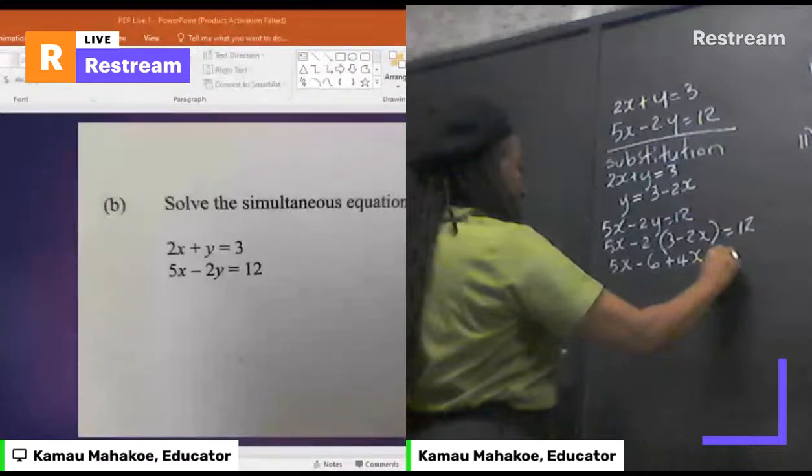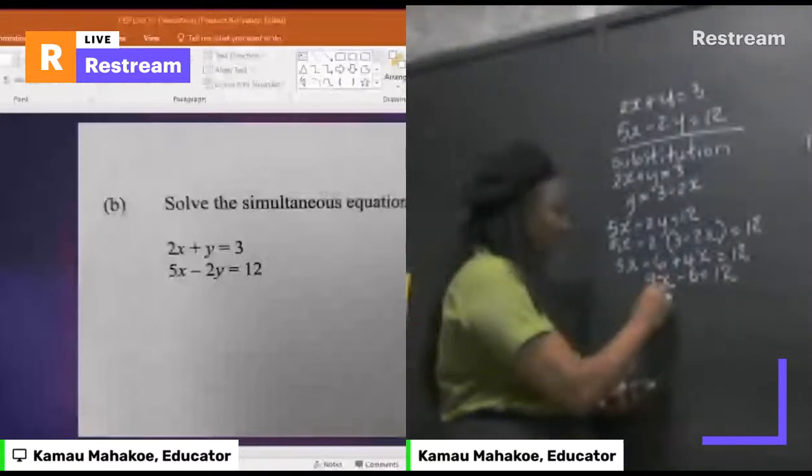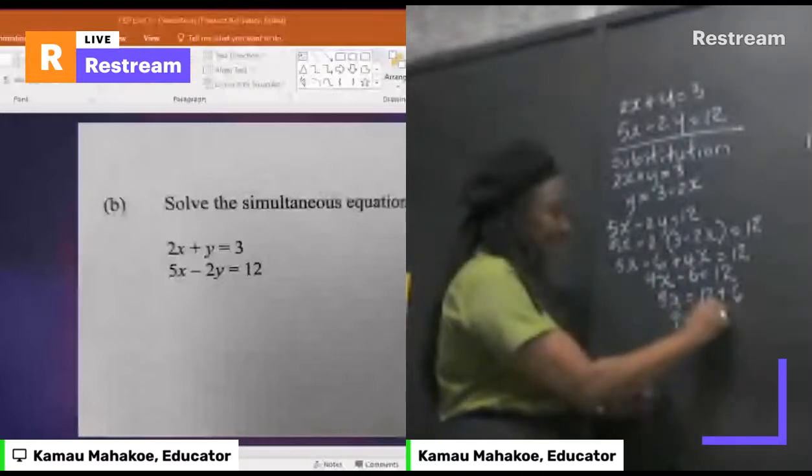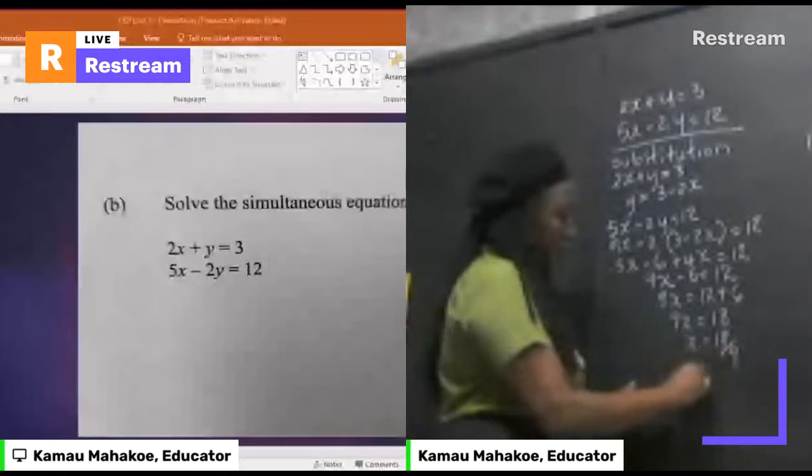And now we're going to add 6 to both sides to cancel out the negative 6 from the left. So adding 6 to both sides, 9x is equal to 12 plus 6, which is 18. So x is 18 over 9, which we know is 2.